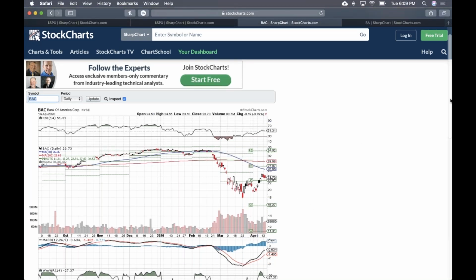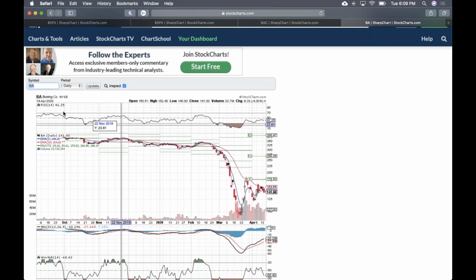Bank of America, another one that you could argue a bit of a W pattern. Not quite up to their 50-day.